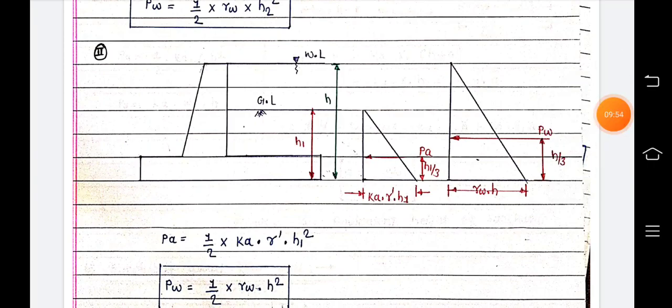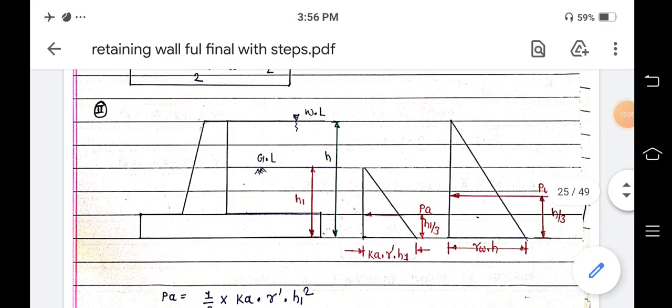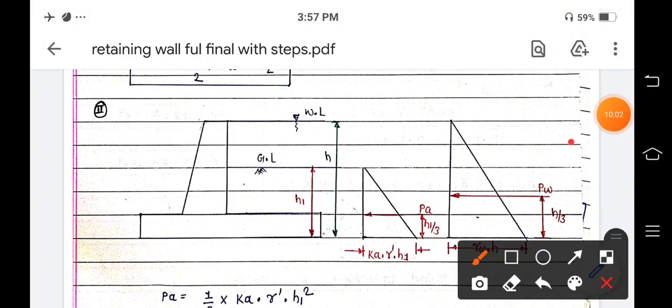Now the case when the water table is at top. Note that the water table is at top, and the groundwater level is somewhere here. So here it is fully water, and below the groundwater table there is soil. We can call this height H1 and the total height H2.